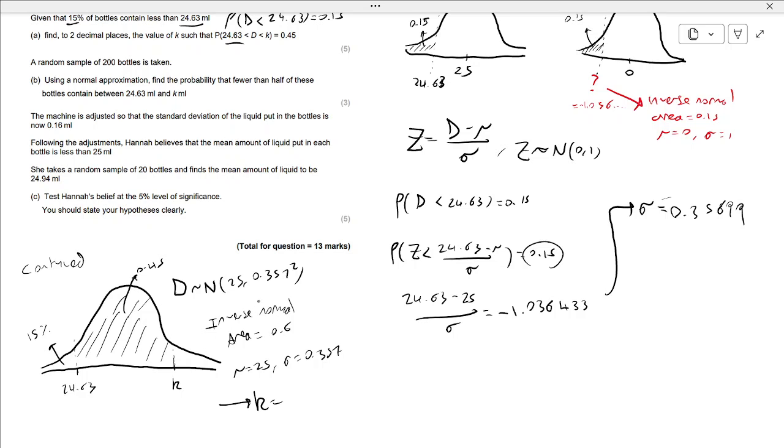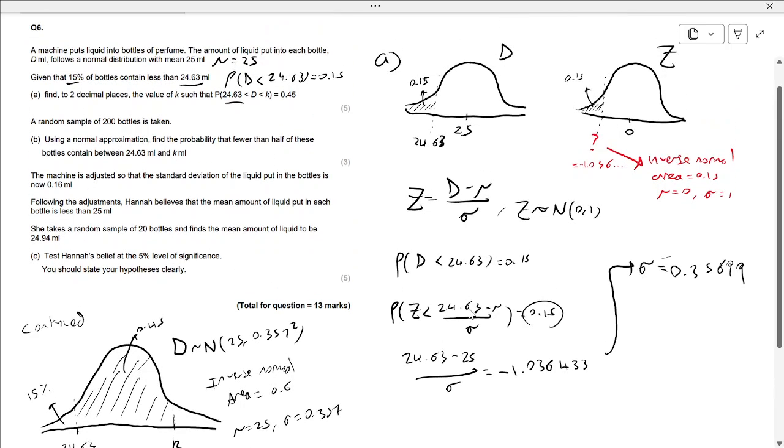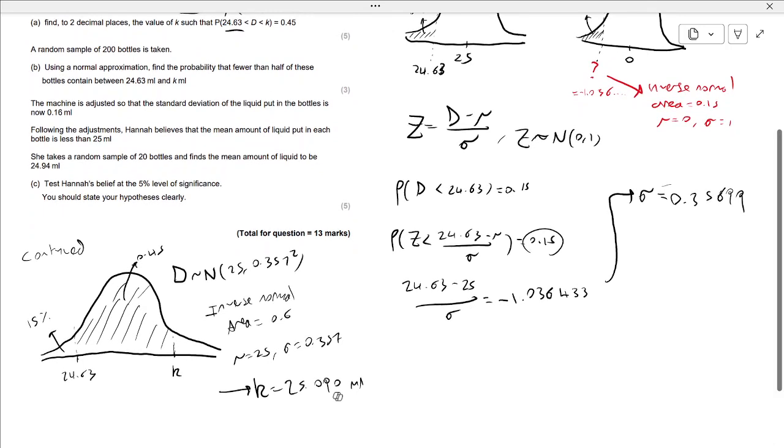And I get 25.09. That's milliliters. It says 2 decimal places, so k equals 25.09.